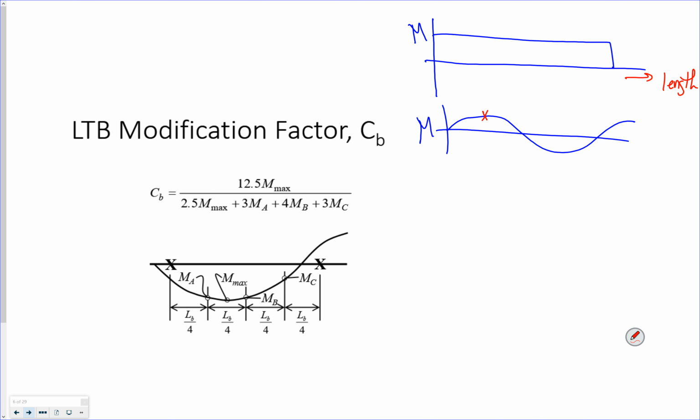So we modify; this is for lateral torsional buckling only. We get to modify our moment because lateral torsional buckling assumes that you have the same load and the same moment along the length, which you don't.